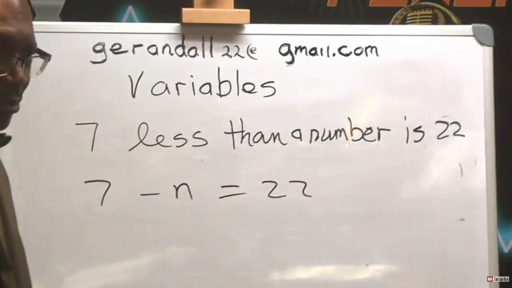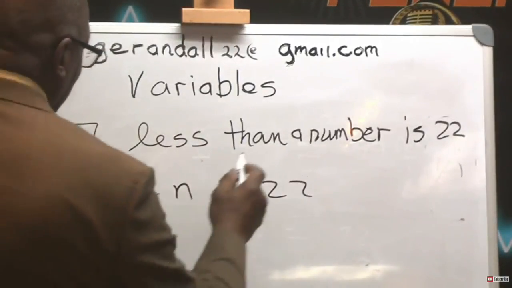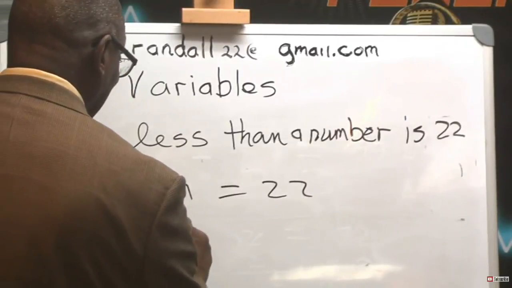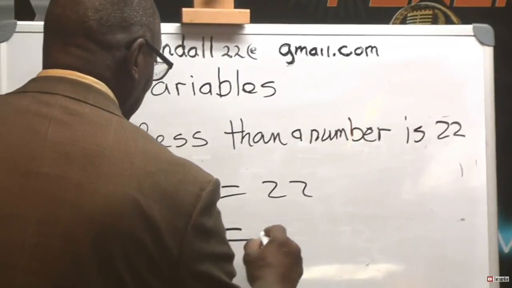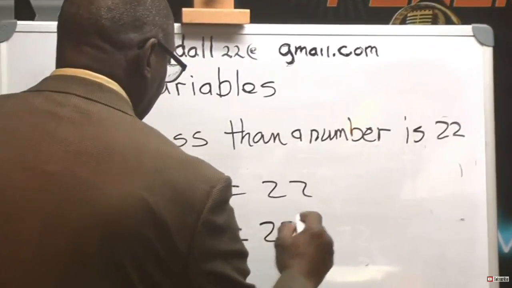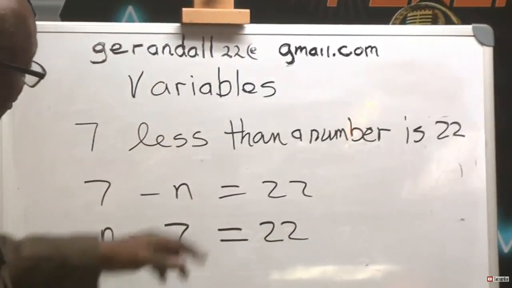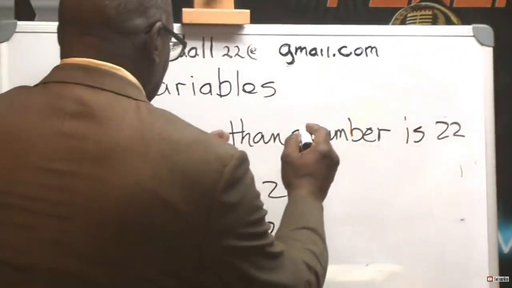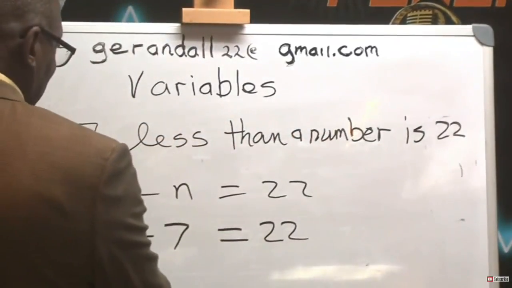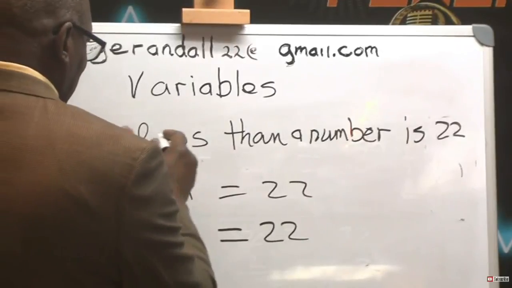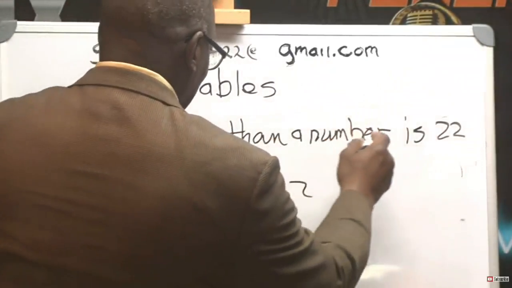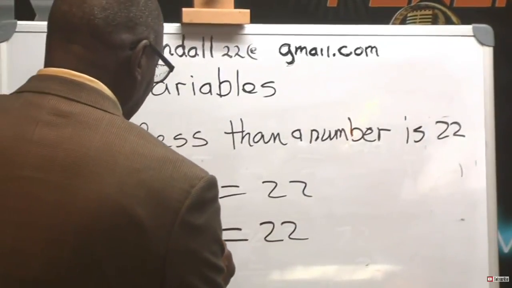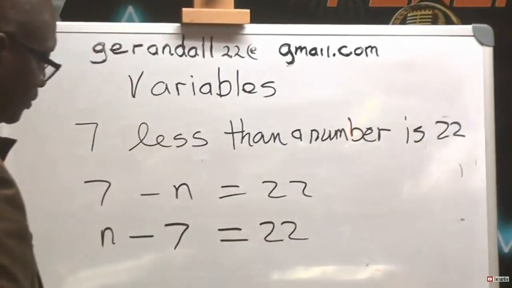That's why we have to be able to read. That's really, the number came first, we subtract 7, and we get 22. Must be able to interpret what that says. Even though 7 came first, it says 7 less than a number. So you have the number, you subtract 7, and it equals 22.